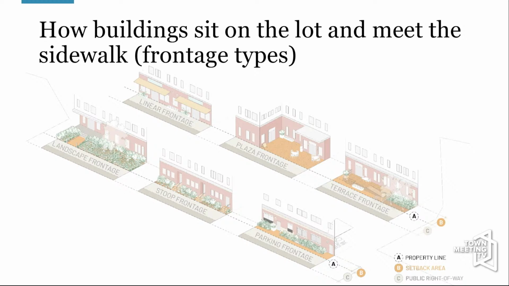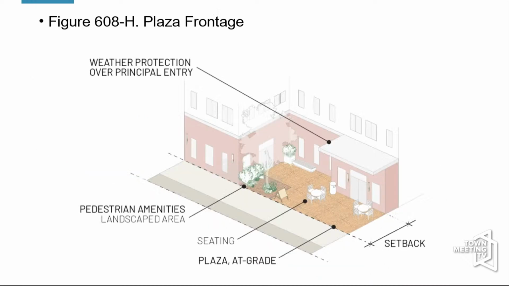You can have a building set back behind a publicly accessible plaza. That would be the plaza frontage, with seating, gathering space. There could be another example as a residential building with stoops and landscape transitions, or a landscape setback for more privacy. So each frontage type is illustrated in detail in the code.